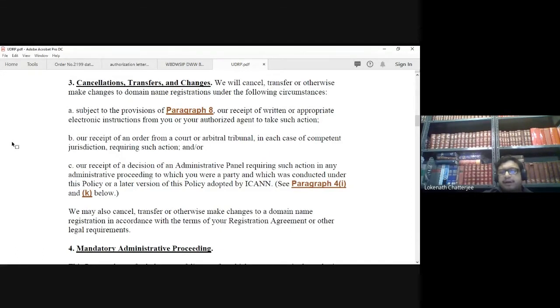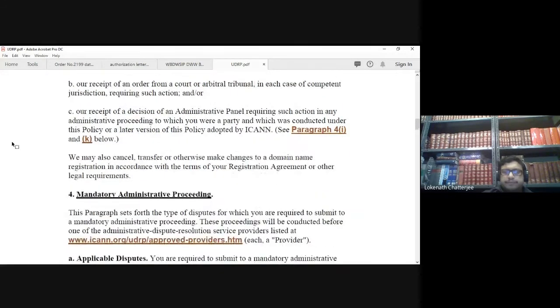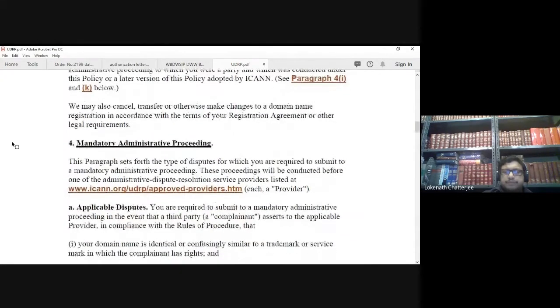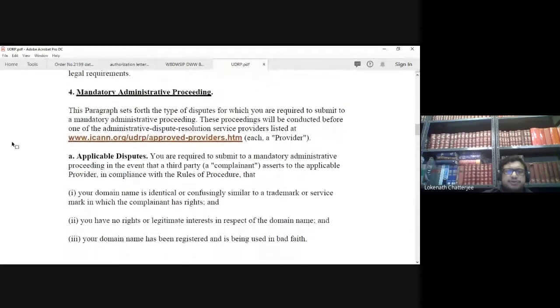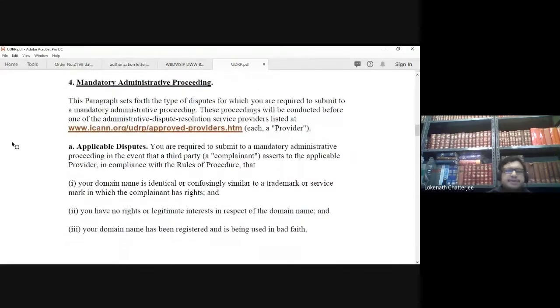One is by self, the other is by direction of a court, and then the third is the administrative panel decision. So again, there are circumstances and situations where the name can be cancelled and changed.